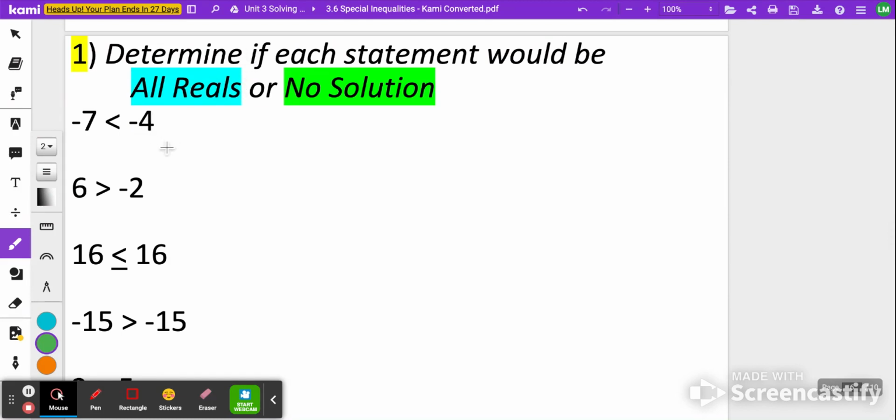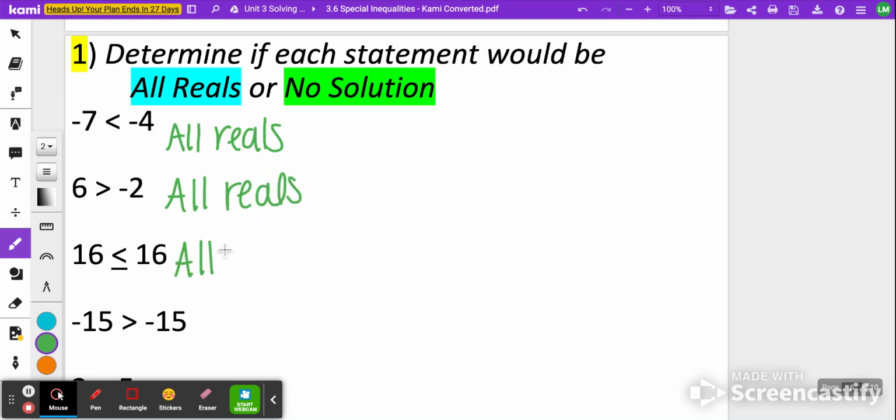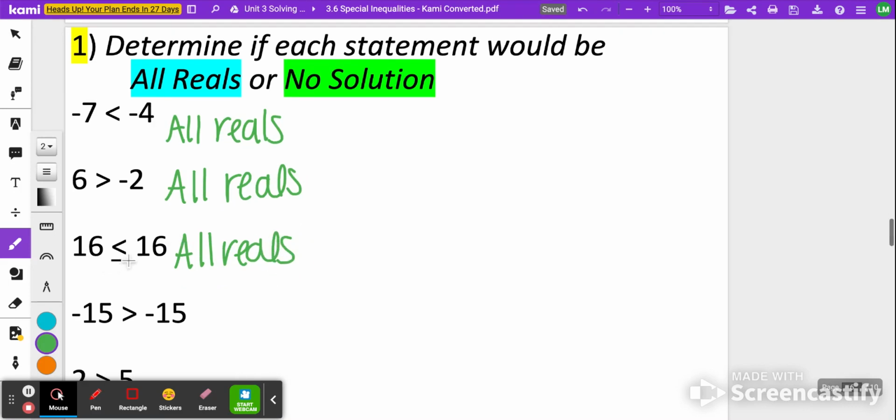So this first one is all reals because it is a true statement. The next one is also all reals because it's also a true statement. And the third one is even all reals. Even though it looks like 16 is not less than 16, because we have that equal to symbol at the bottom, that is why we can say all real numbers, because 16 is equal to 16.